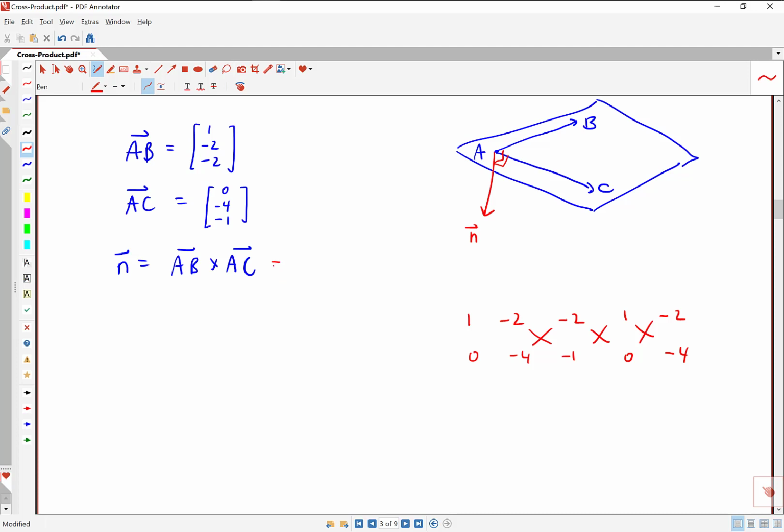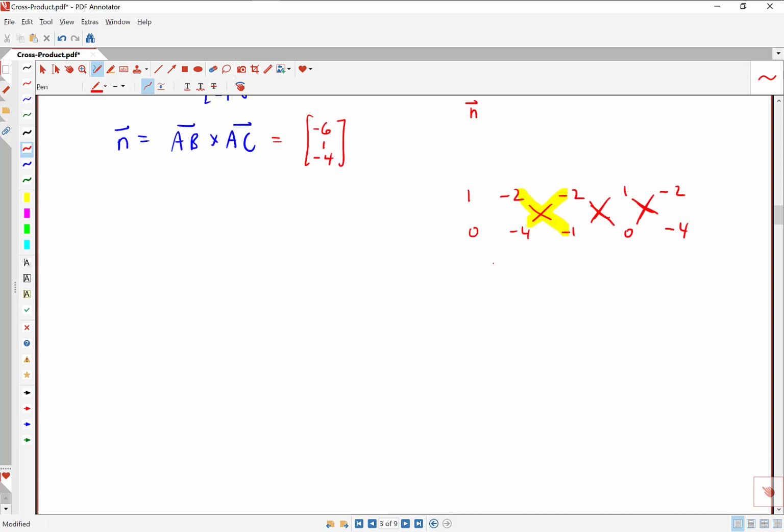This is going to give us our normal vector n. So let's do our calculation. We'd have +2 minus 8 would give us -6. Working our way across here, we'd have 0 minus a -1 would give us a +1, and then a -4 minus a 0 would give us a -4. So that's our normal vector.